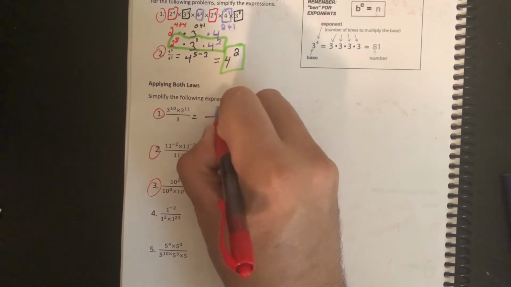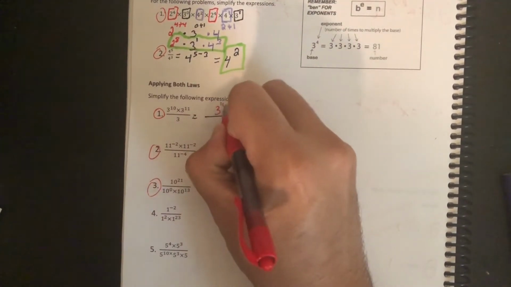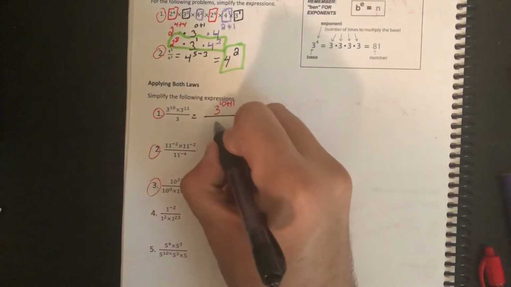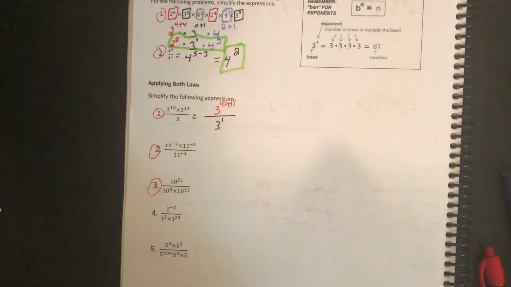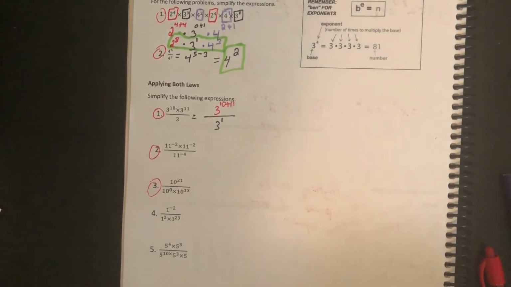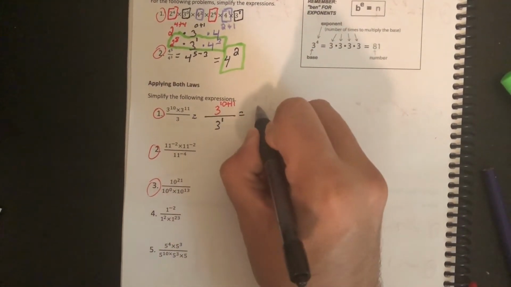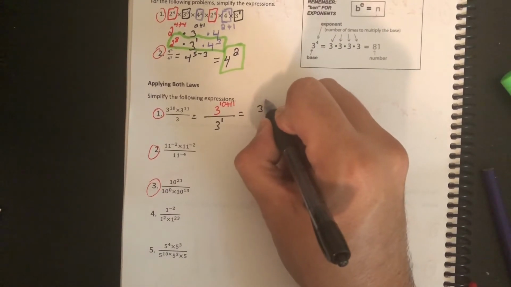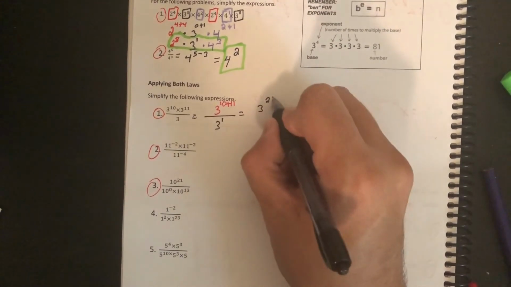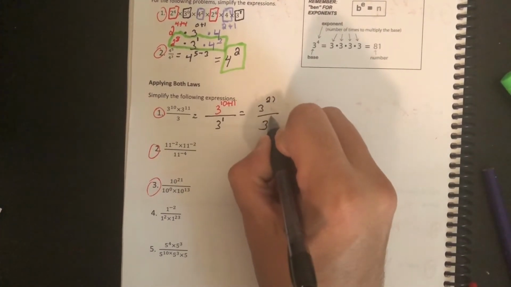So multiplying the same base by adding the exponents. Okay, and then the bottom number, I'm just going to leave it like it is, but I am going to add an exponent of 1, since that 3 doesn't have an exponent. And now if I simplify that, I get 3 to the power of 21 over 3 to the power of 1.